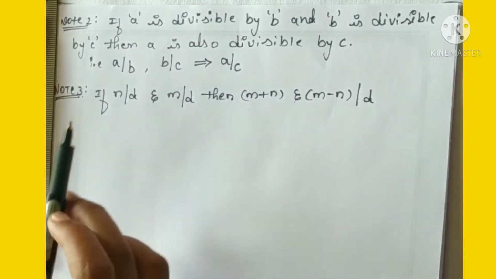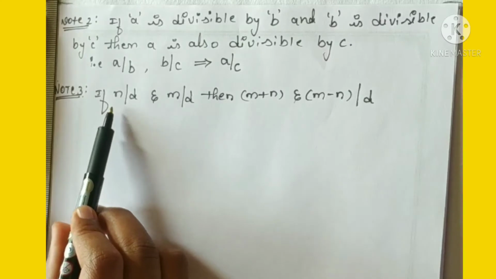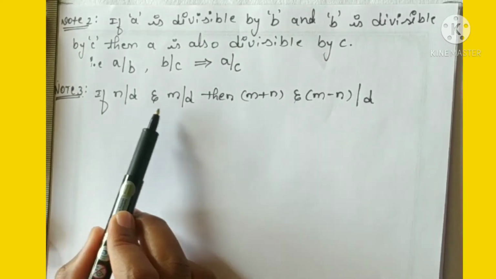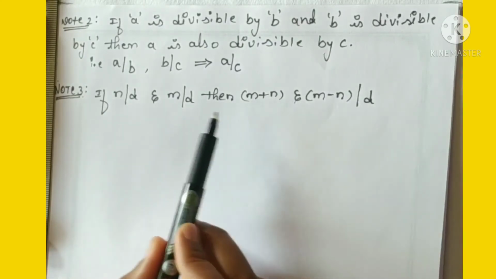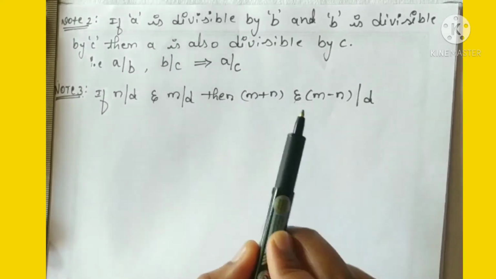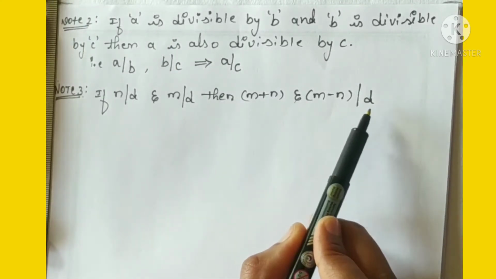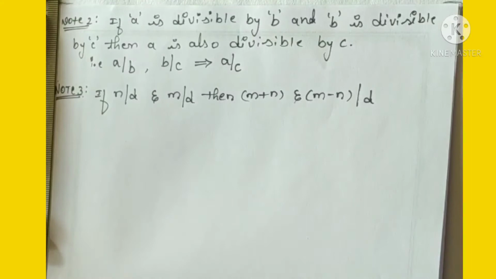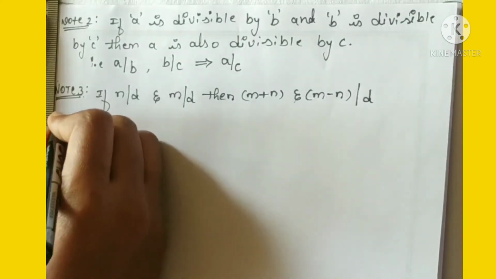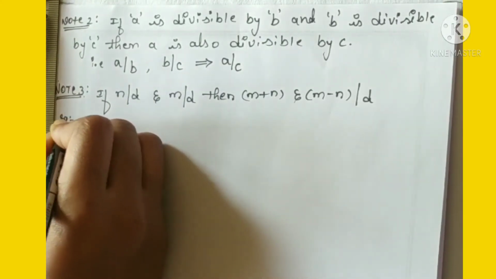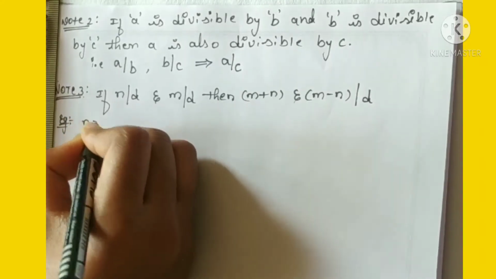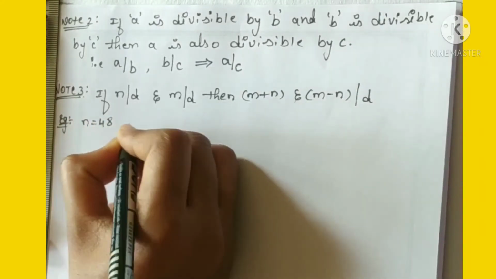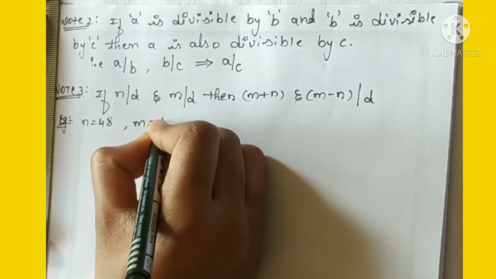Next, note number 3. If N divides D and M divides D, then M plus N and M minus N divide D. This I will explain with an example. Suppose N is equal to 48 and M is equal to 16.